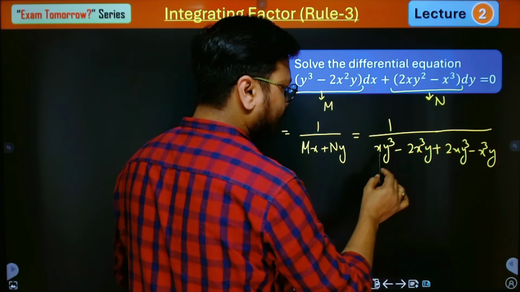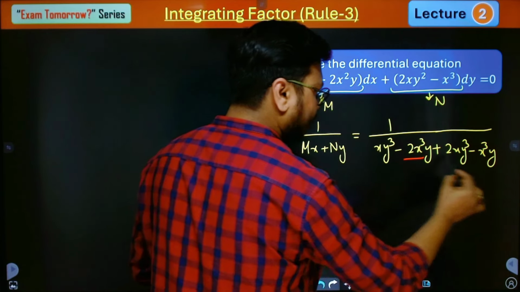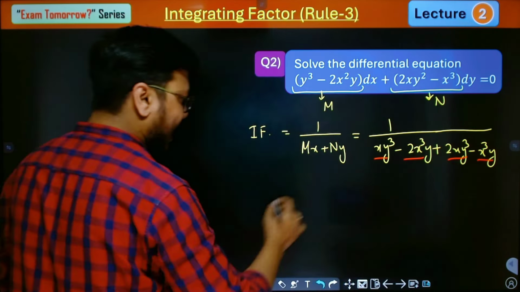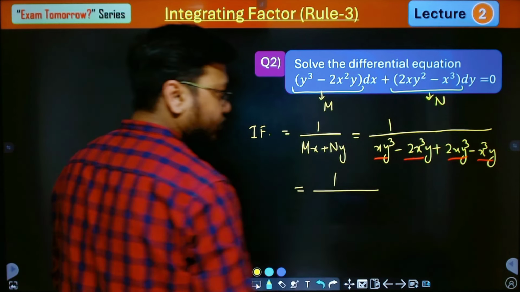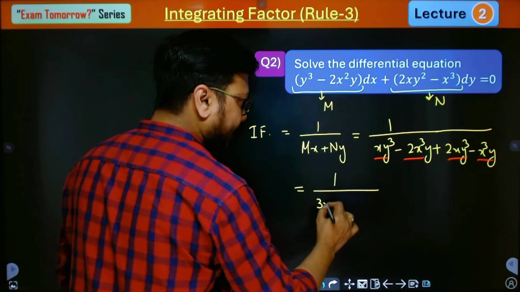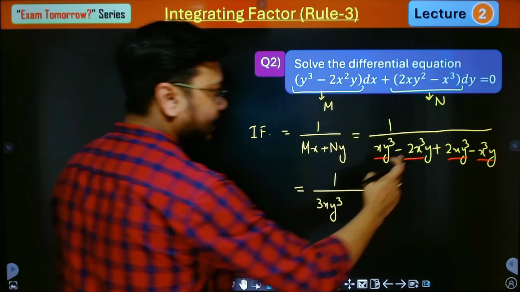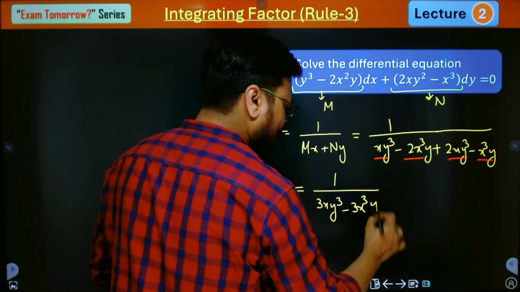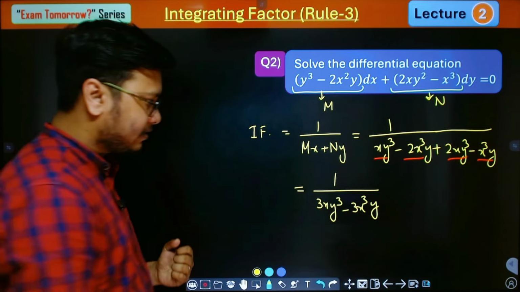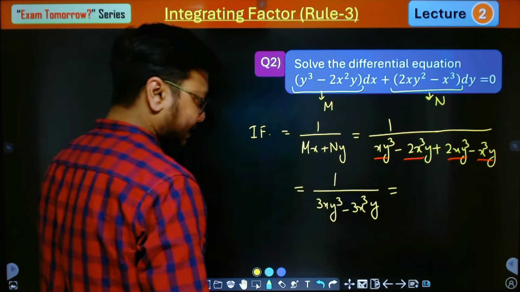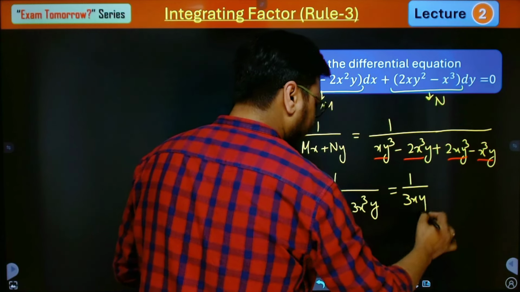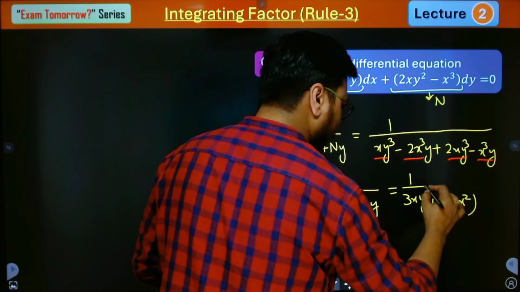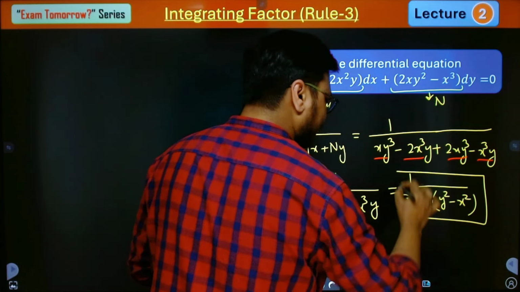So I have xy cube, x cube y, x cube y, two similar terms, they are going to get added, and again these two terms are also going to get added, so nothing is getting cancelled out over here. So we are having 3xy cube, and these two terms added up would become minus 3x cube y. So we can take a few things common to make things easier for ourselves. So I can take 1 by 3xy common, and I would be left with y square minus x square, right? So this is my integrating factor.